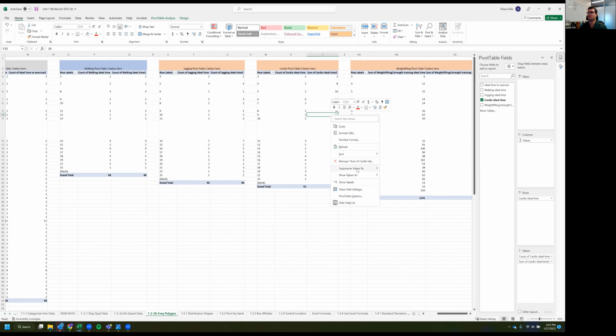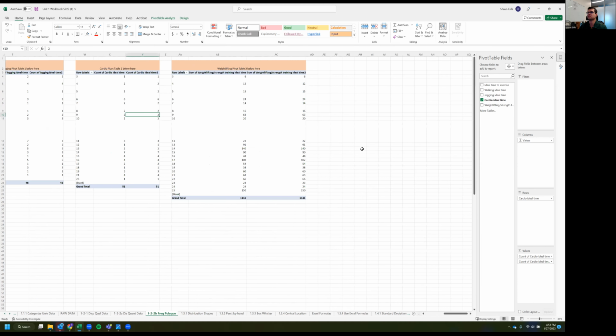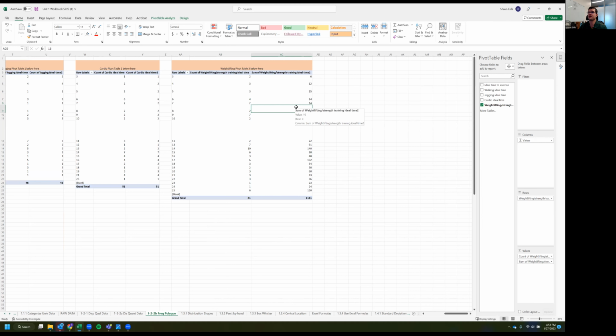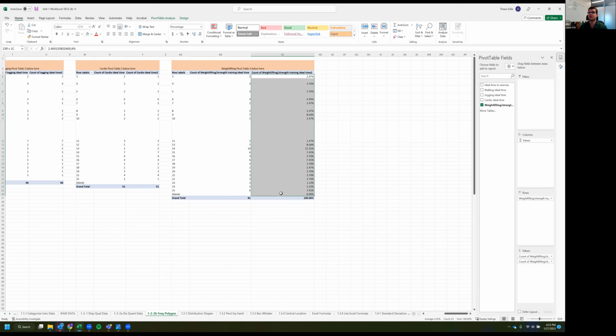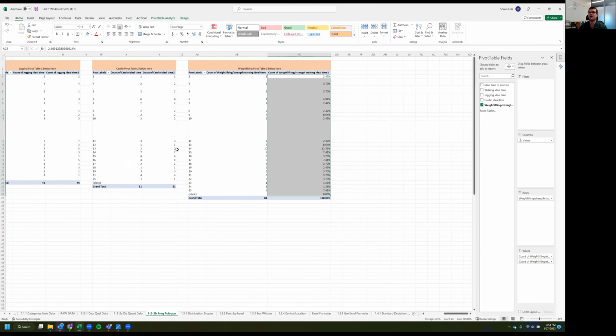And we're actually going to do one more thing right after this: summarize values by count, and summarize values by count. Now this one right here, count of weightlifting, we actually want to be the relative frequency. So we're going to do percent of grand total. This tells you the percent of the grand total of how much each one of these classes represents.